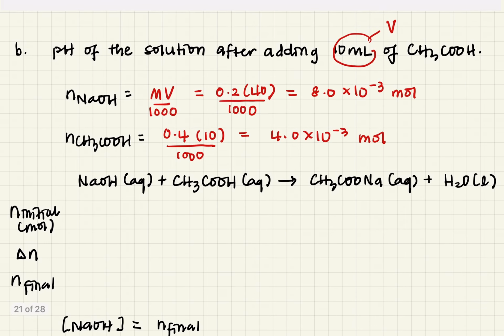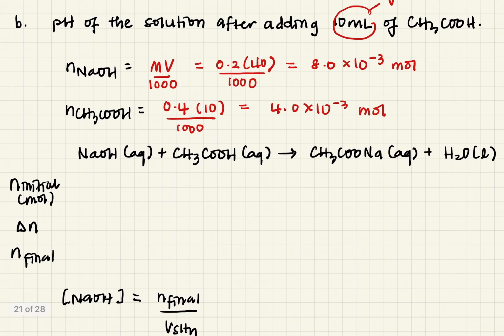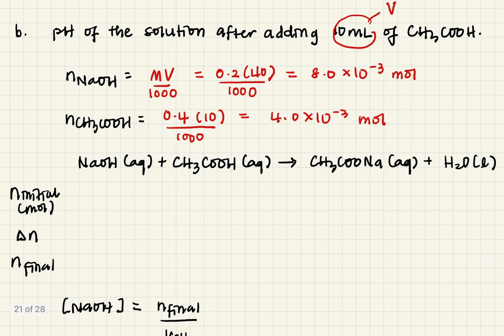Okay, so now you can plug in your values. The initial number of moles for sodium hydroxide is 8.0 times 10 minus 3. Acetic acid is 4.0 times 10 minus 3. And this is 0. Your delta n will depend on the limiting reactant. So which value is smaller?